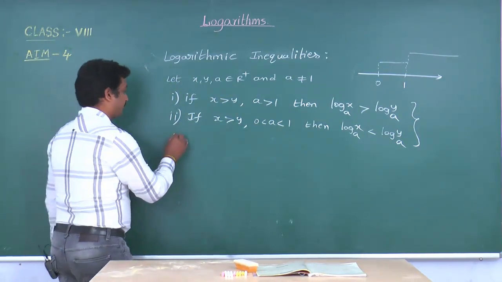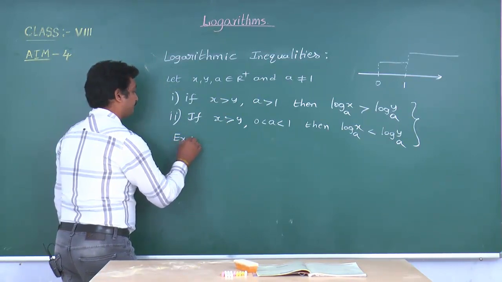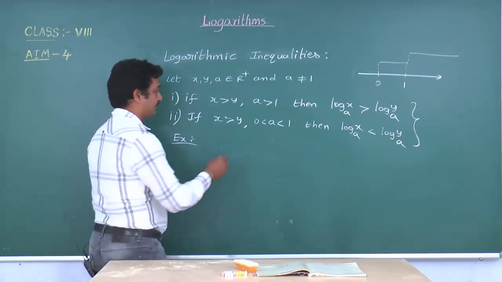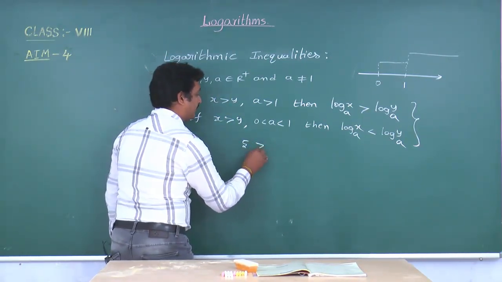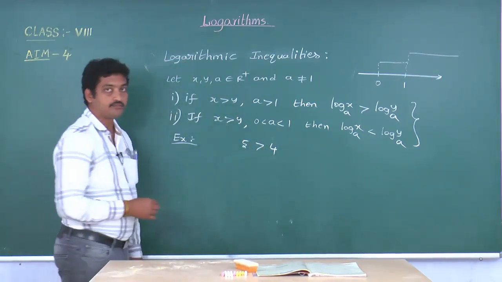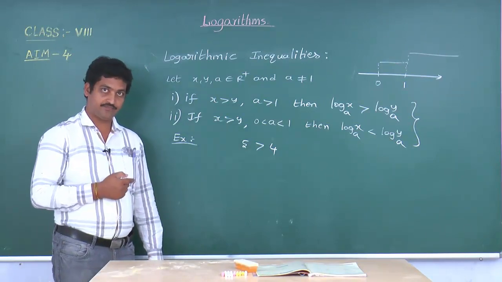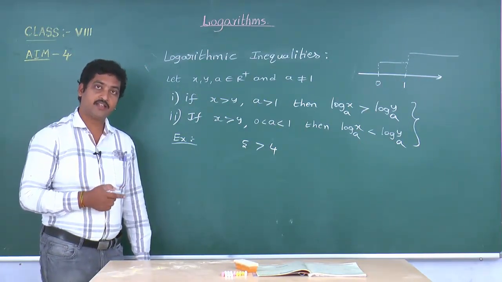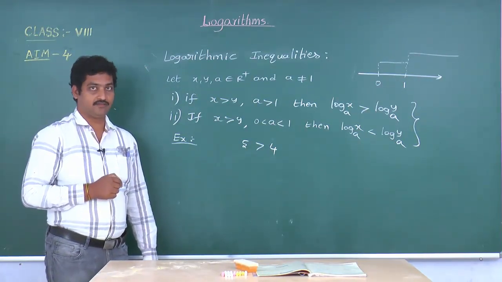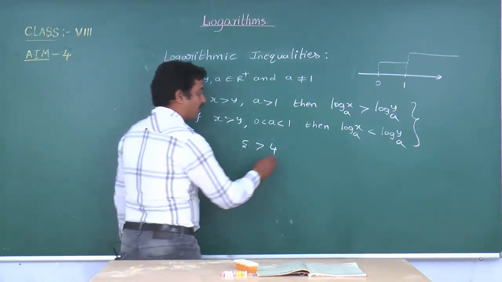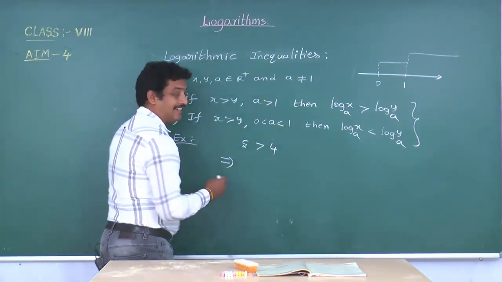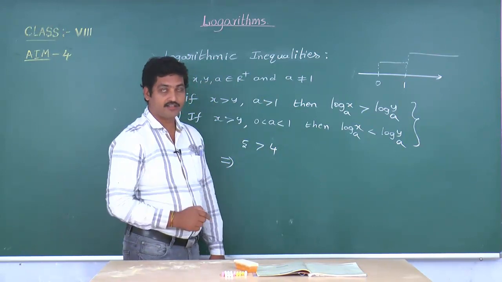Children, for example, I am taking 5 is greater than 4. I am going to apply the logarithms for that inequality with base 7. Now, what will be that inequality? Is it carrying the same inequality or not?